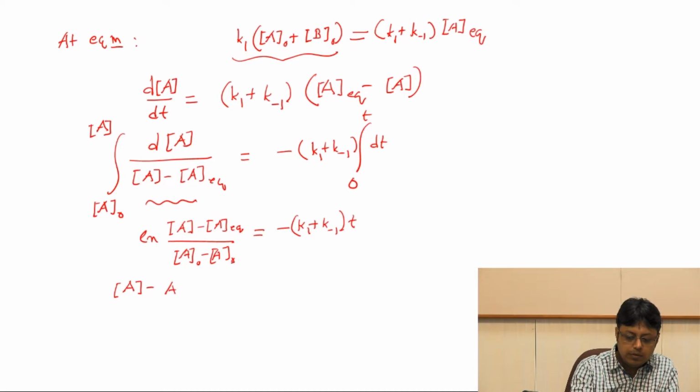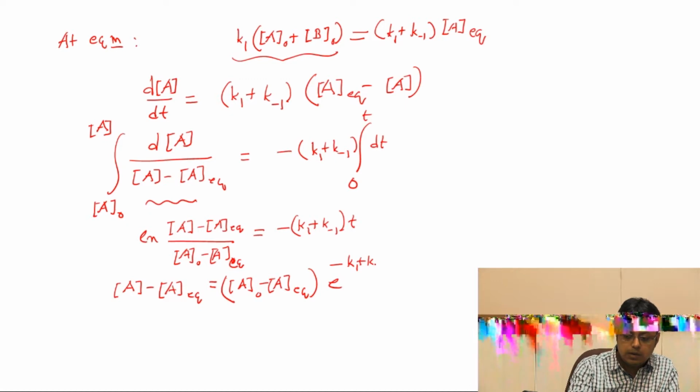A minus A equilibrium is nothing but A0 minus A equilibrium into e to the power minus K1 plus K minus 1 into T.